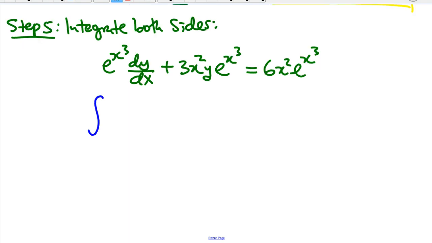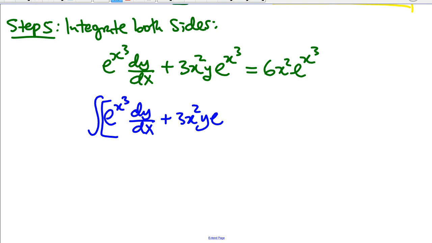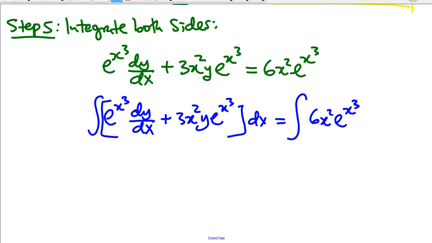So we'll have the integral of e to power x cubed dy over dx, and all this with respect to x, plus 3x squared y e to power x cubed dx will be equal to the integral of 6x squared e to power x cubed with respect to x.